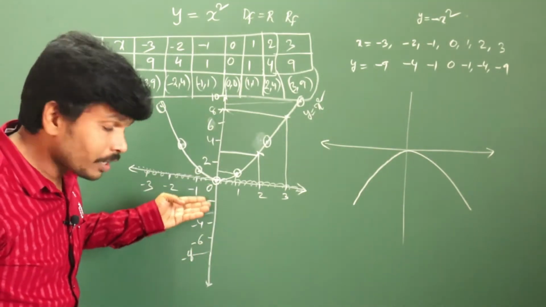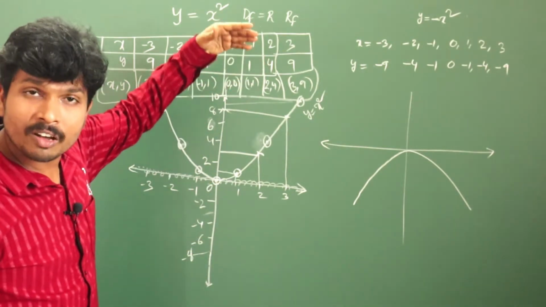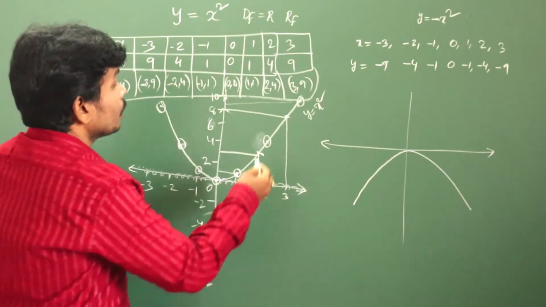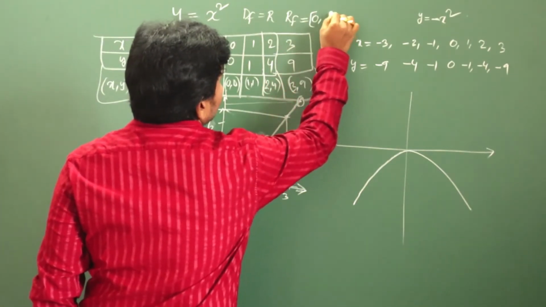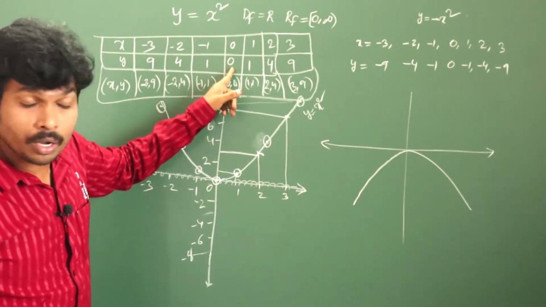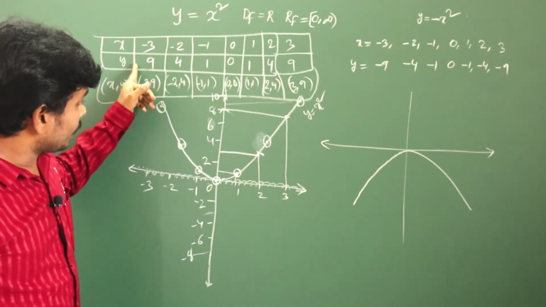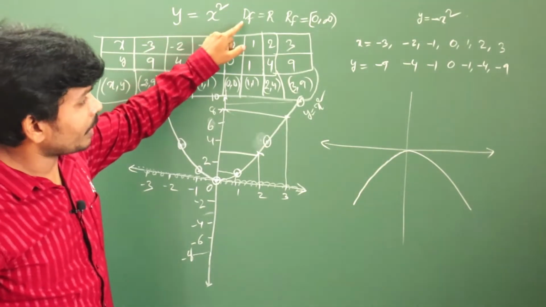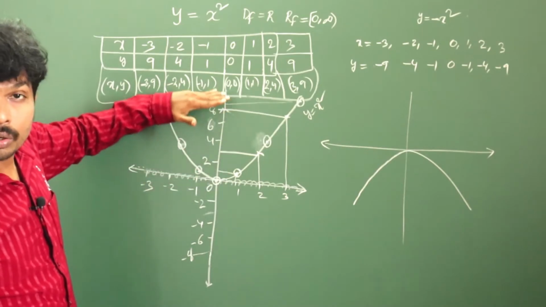No. The output, in our mathematical language, is called the range of that expression. So that range is from 0 to infinity, closed 0 to open infinity. When we take x value 0, then you get 0. And when you take any other values, you get positive only. For this expression, the domain is all real numbers and the range is from closed 0 to infinity.